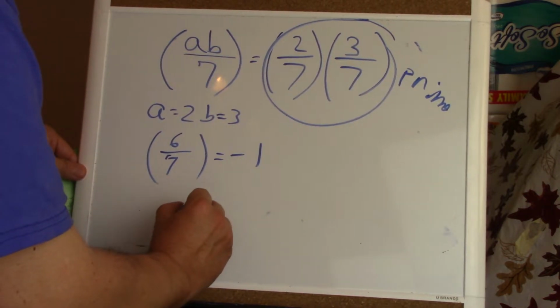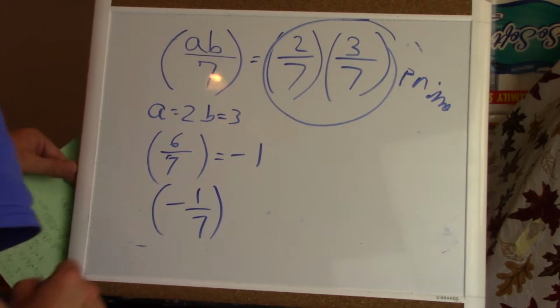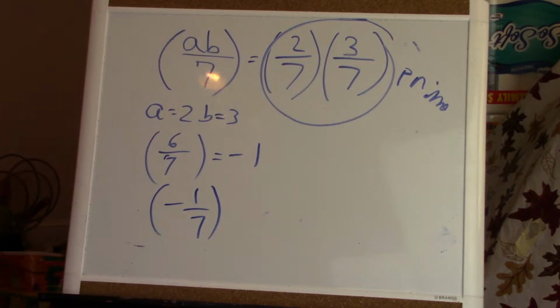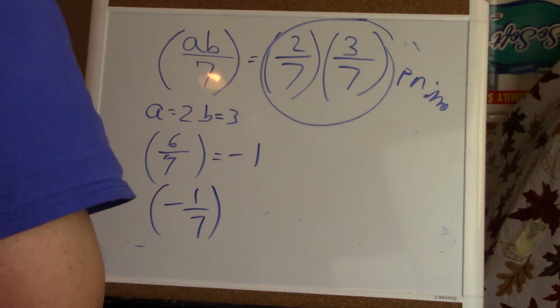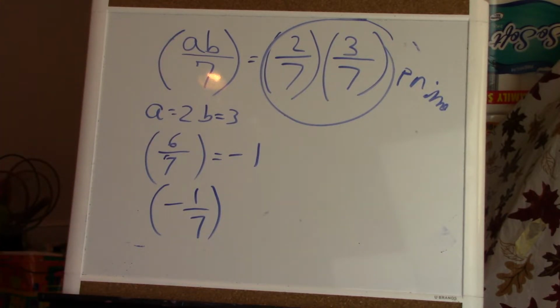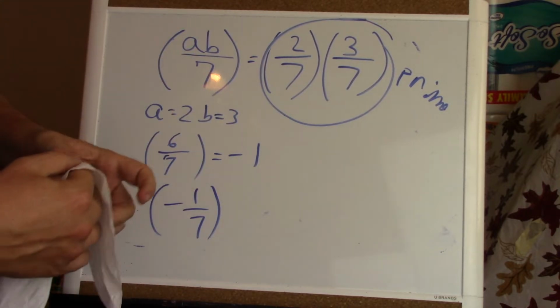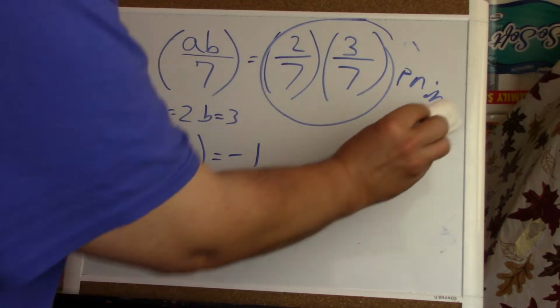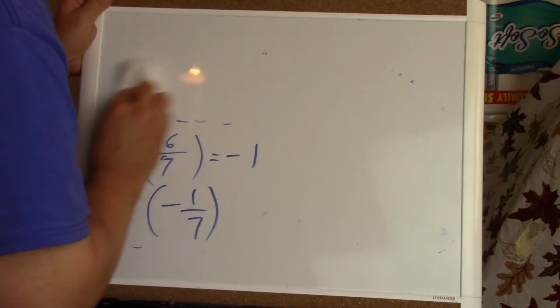Or you can say that the Legendre symbol (6/7) is actually (-1/7). Then I'll erase this and go back and show them to you, using toilet paper because I still cannot find my eraser.